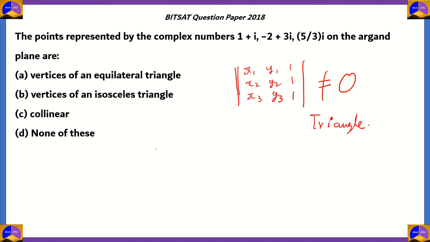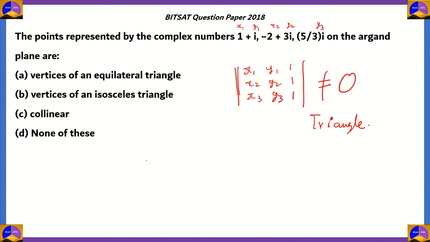So over here we have 1 plus i, so 1 is x1, 1 is y1, and minus 2 is x2, 3 is y2, and then this is y3.